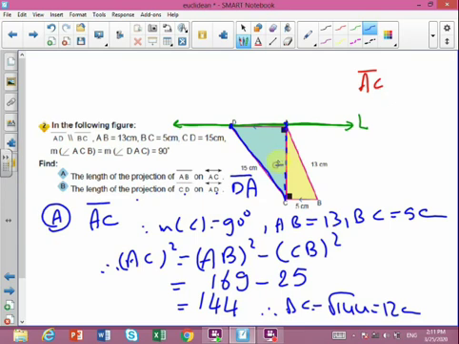I got this 12, and this is a right angle. The same steps: in a right angle triangle, one side is missing, so it will be 15 square, which is 225, minus 144 equals 81. Root 81, so this line is 9 centimeter.